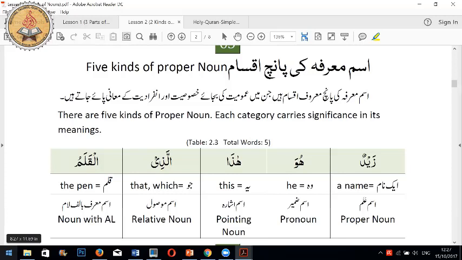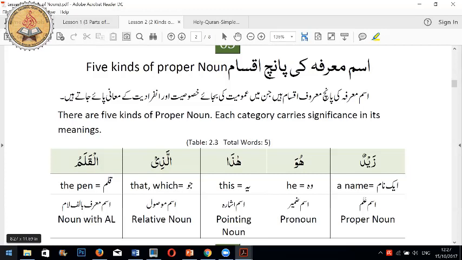Read verse number 36 to 41 and find out where the word Zaidun has been mentioned. As I mentioned, this is a prominent companion of the Prophet sallallahu alaihi wasallam. In which context has this word been used? This is a proper noun.